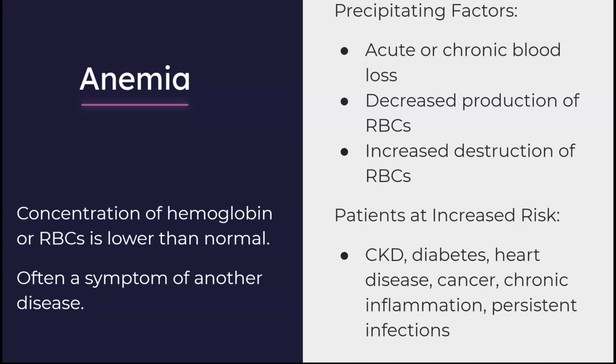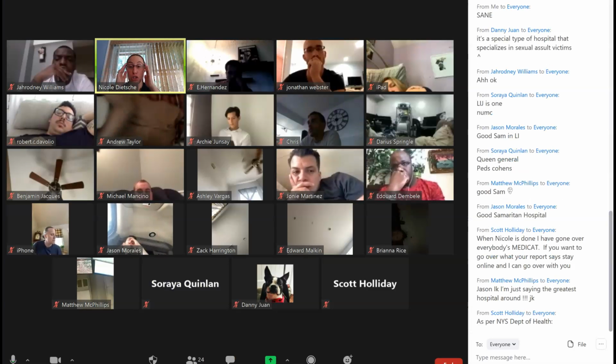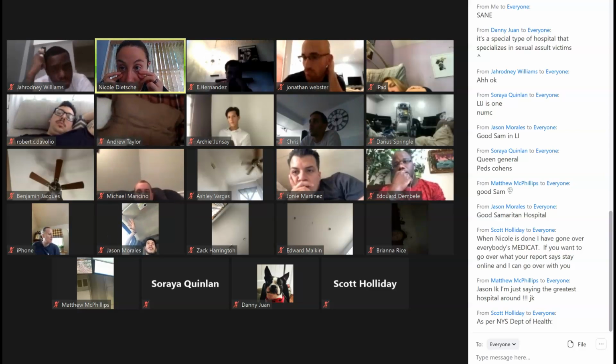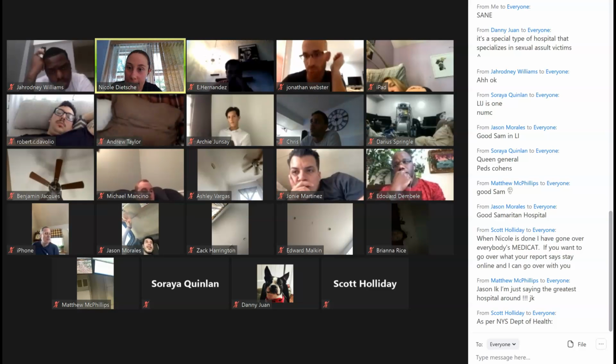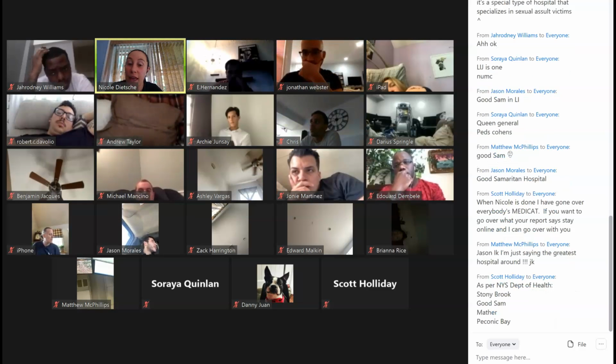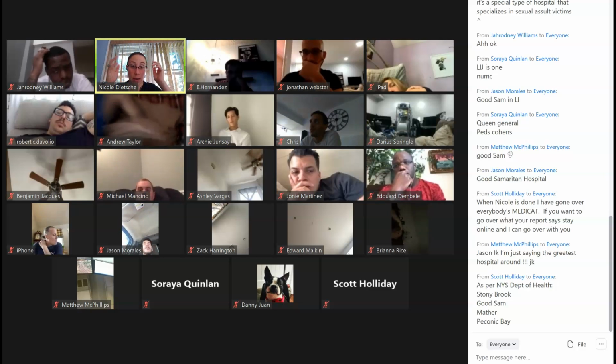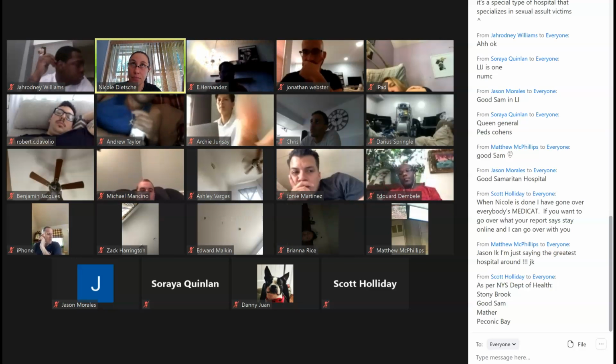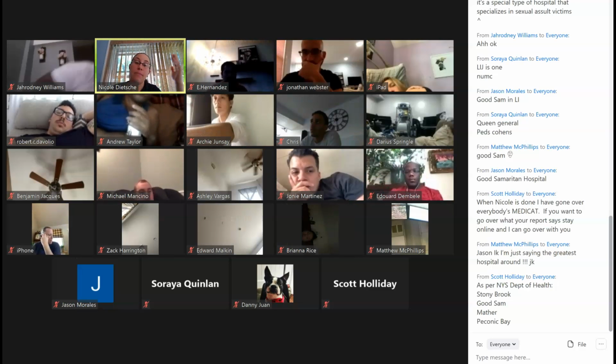Okay, so you might have a patient who's presenting with chest pain. One of the best things you can do for a patient is to check inside their eyes, like right here, like right along here. If you have a patient whose inside part of their eye is really, really pale, it's highly probable that they are anemic. Okay, it might be because of bleeding. It might be because of low iron intake, right?